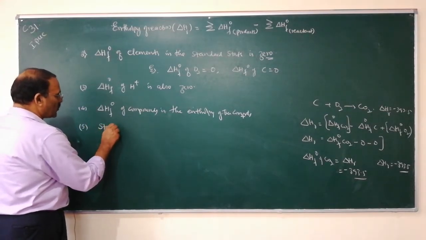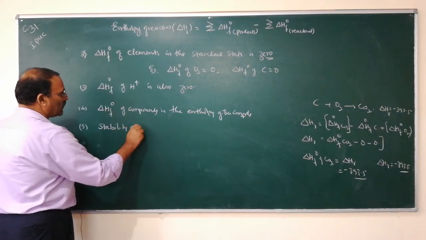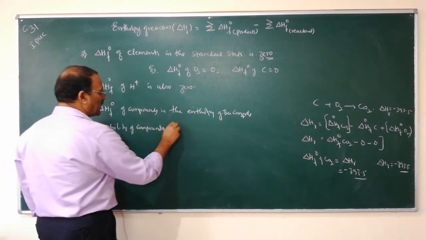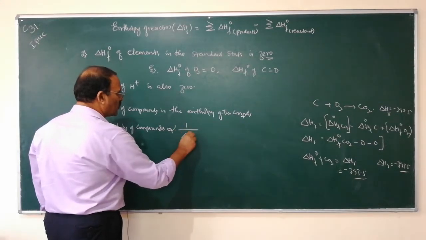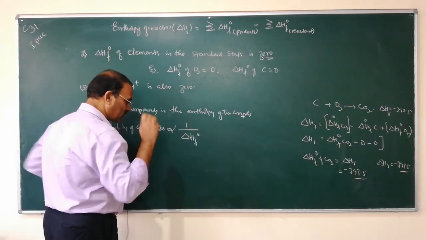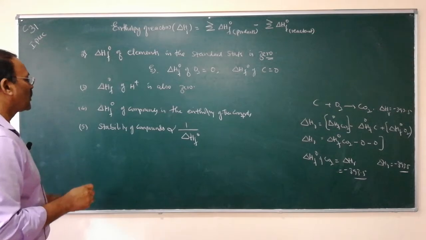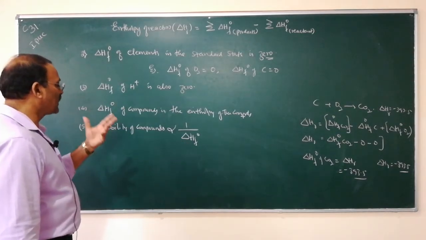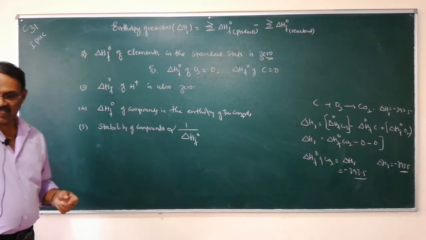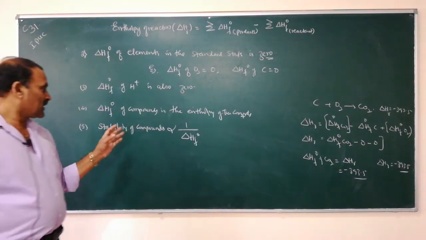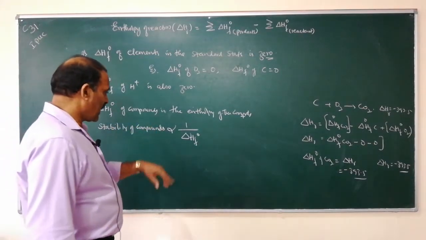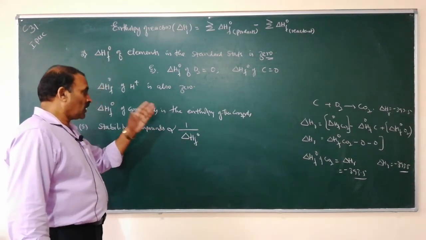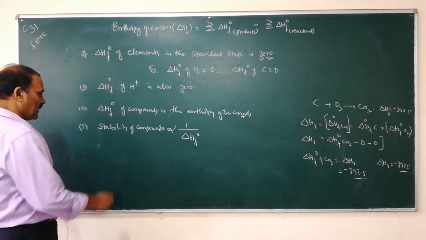And the fifth one, stability of compounds. Stability of a compound is inversely proportional to delta HF naught. That means if delta HF naught is high, stability of the compound is less, or if delta HF naught is low, stability is high.